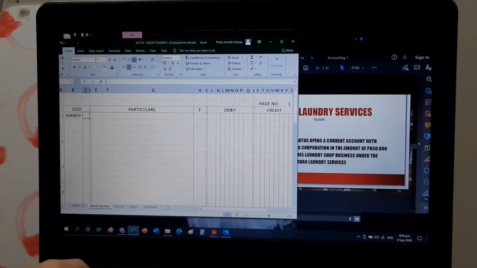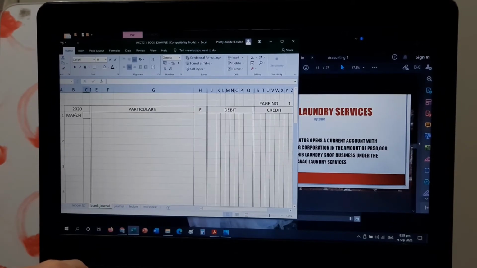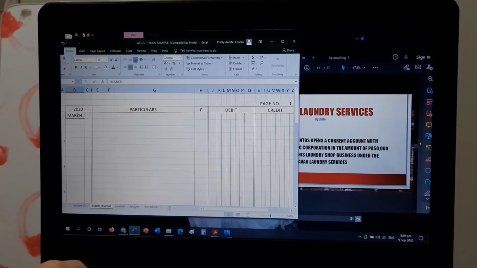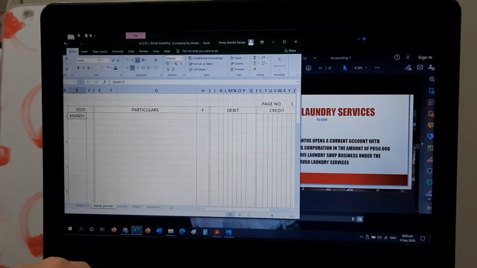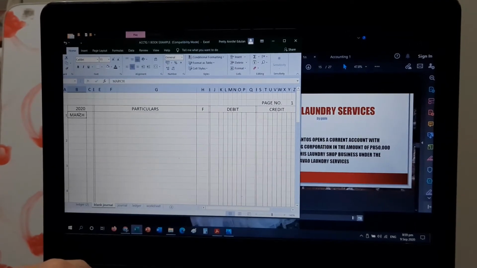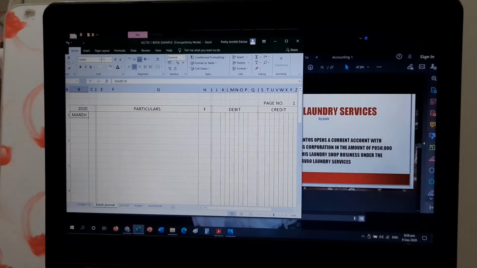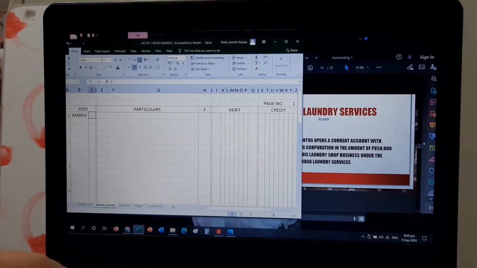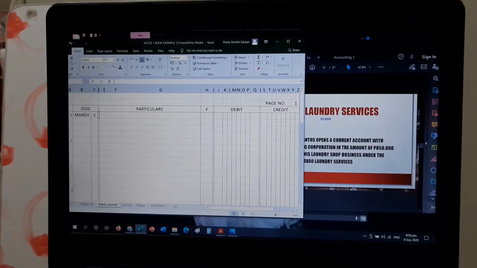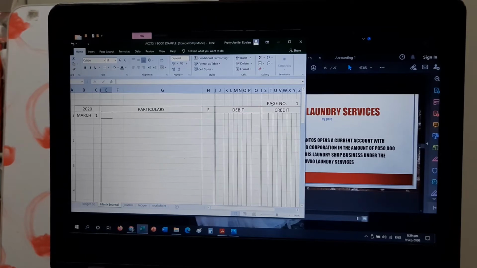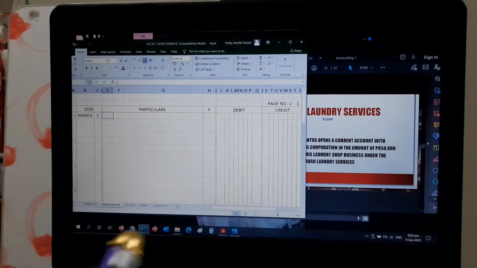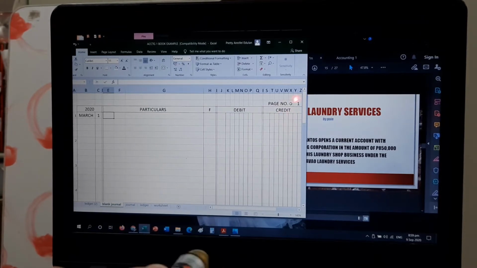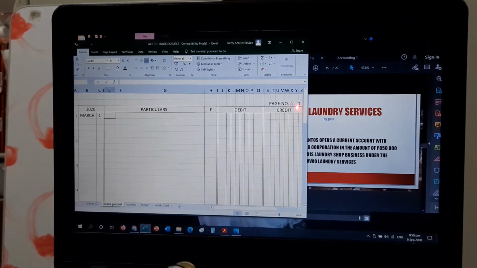So you could use the shortcut MAR, or if the month is just too short, you could simply spell it out. But if it's too long, like for example December, November, October, you could write the abbreviation. So March 1. What happened on March 1? Oh, aside from that, you need to place also the page number here so that you will know the folio for your ledger. That one, the one.